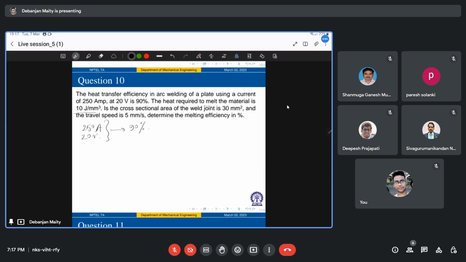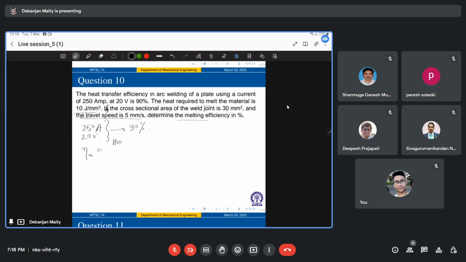Now, if the cross sectional area of the weld joint is 30 mm square and travel speed is provided as 5 mm per second, we need to find out the melting efficiency. How can you find out the melting efficiency?